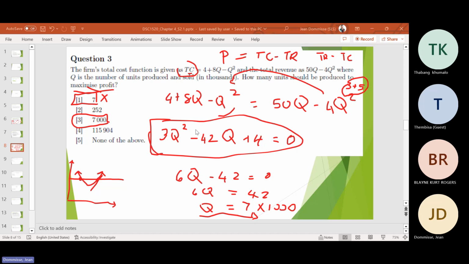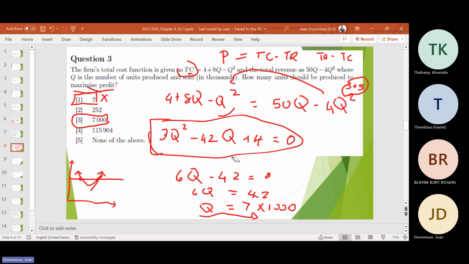I'll try to at least bring in 1 or 2 of those questions where suddenly you see, okay, but I would never have thought that study unit 3 and 4 would be able to go all the way to where you needed differentiation in it, because you nearly look at study unit 3 and 4, total cost, total revenue, how do I get to differentiation with it?